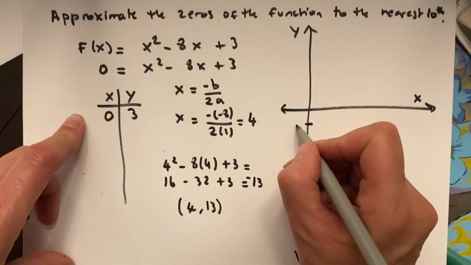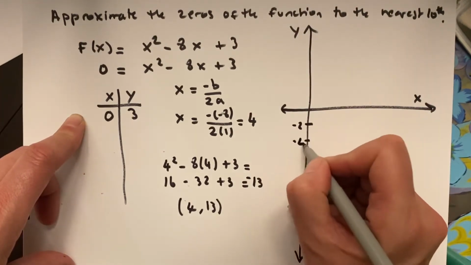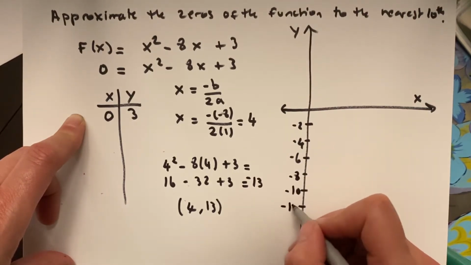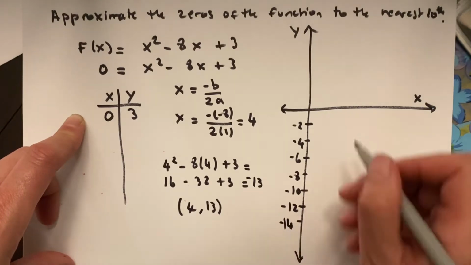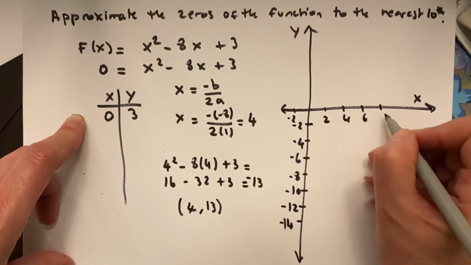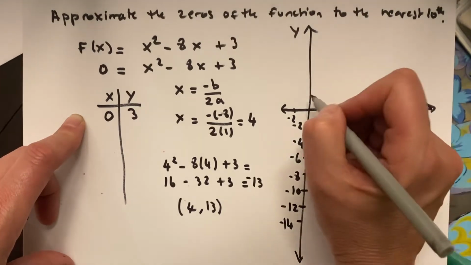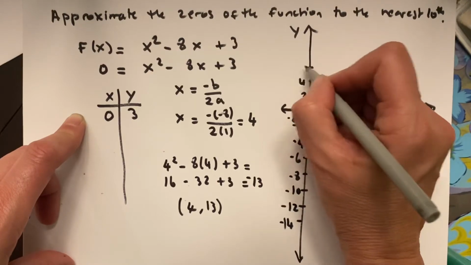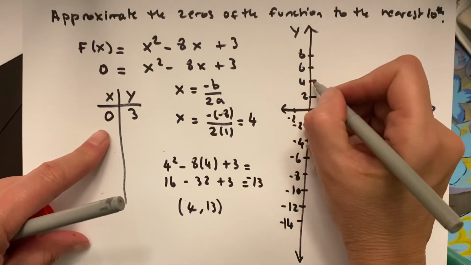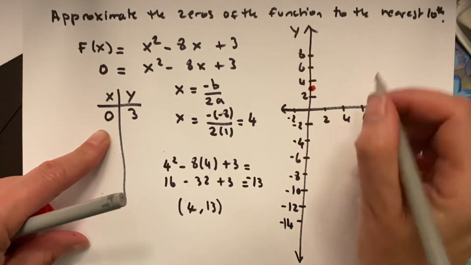I'm going to go by 2s. Okay. So here's my x-intercept, my y-intercept.